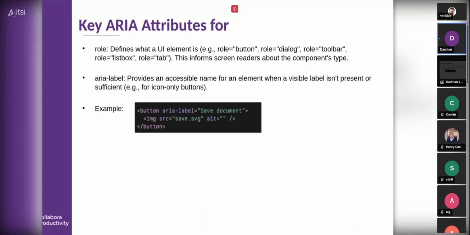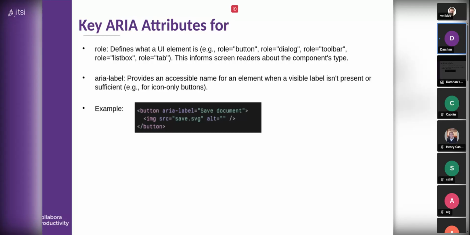Whenever we use the div or span elements, sometimes we need to use those division elements, but to describe that element as a button, we can assign that div a role equals to button. So that's how it will be considered in the DOM as a button, even if the native element says it's a division.